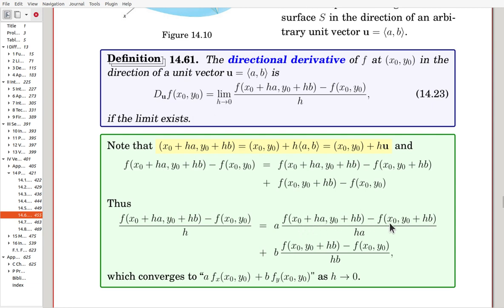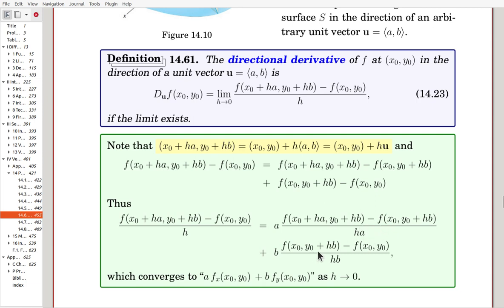From x0 in the x direction, h a perturbation, so that we put h a. So it is a kind of average slope in the x direction. Once it has a limit as h approaches 0, then that will be the x directional slope, f sub x.